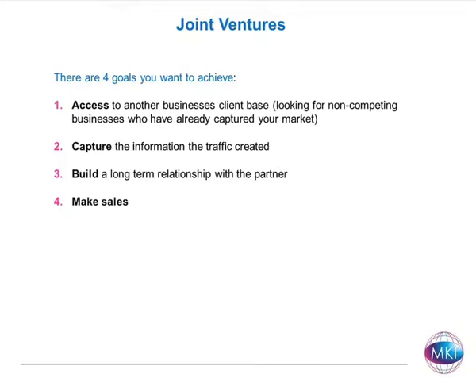So the 4 goals you want to achieve: the first is access to another business's client base. Second, whatever you set up with that partner, you want to capture the information the traffic created. So say, for instance, you said to your accountant, I've got this product, and I'd love to offer your clients a free consultation or a free trial service or a sample, or invite them to an intro evening or a styling evening or whatever it might be.